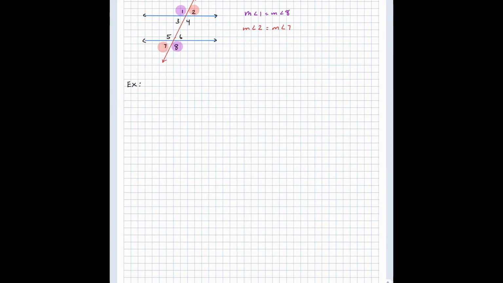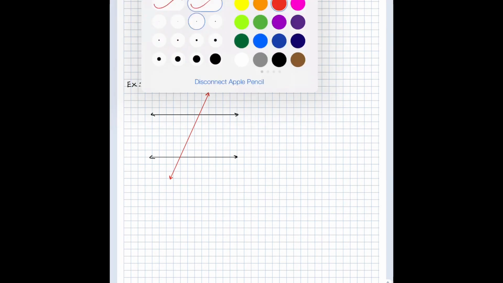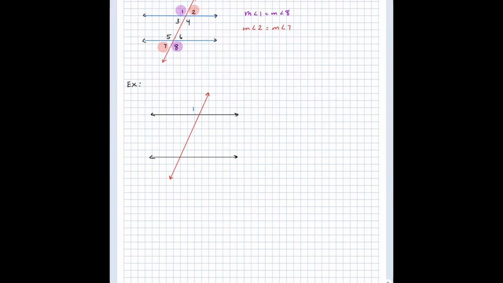Okay, so let's say we have 2 parallel lines cut by a transversal. And I'm gonna replace some of these.